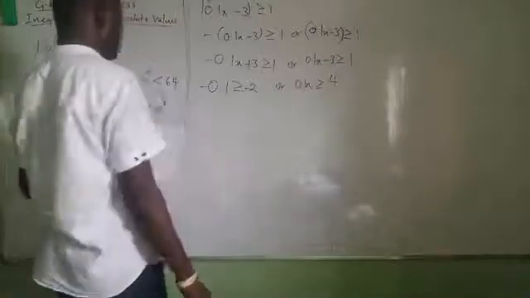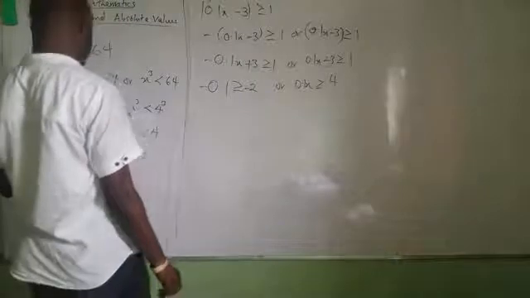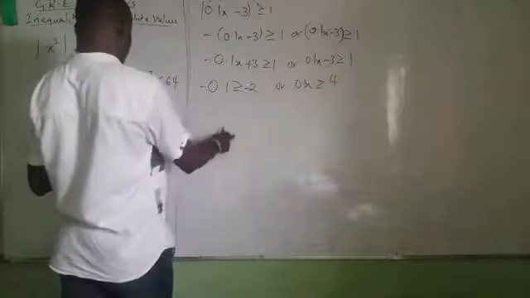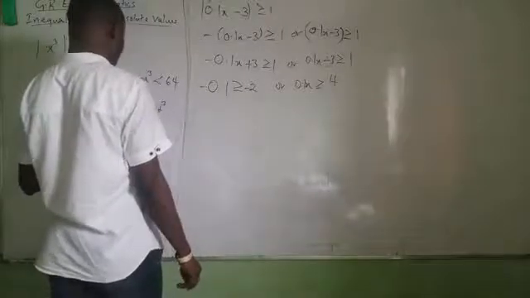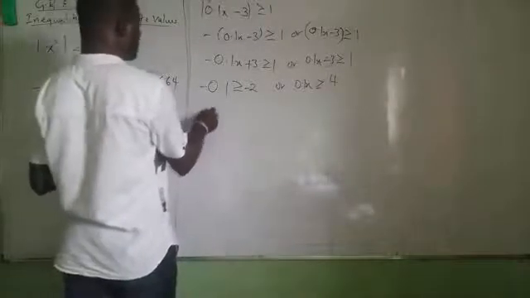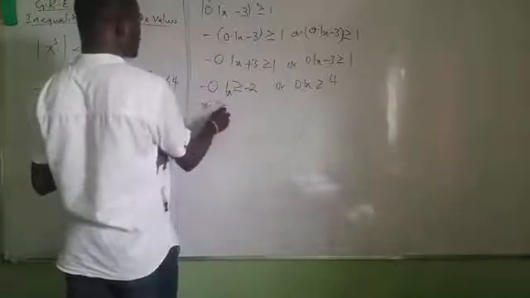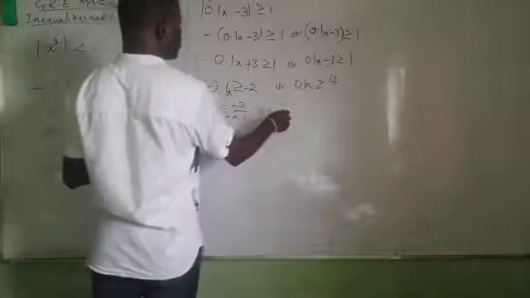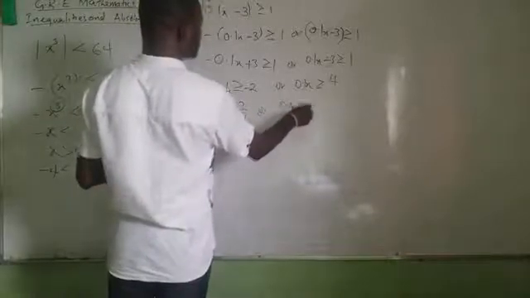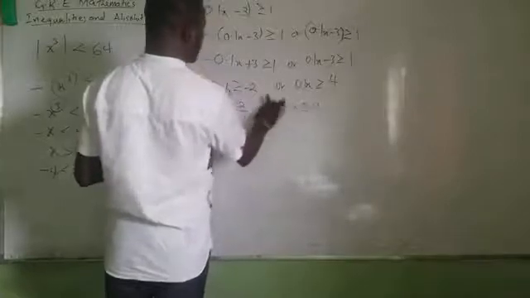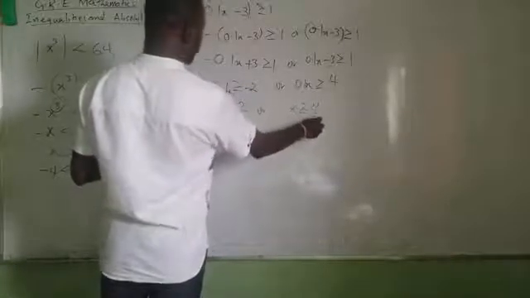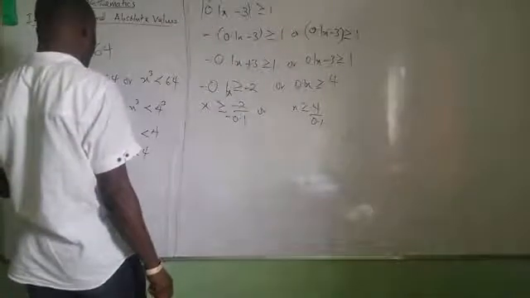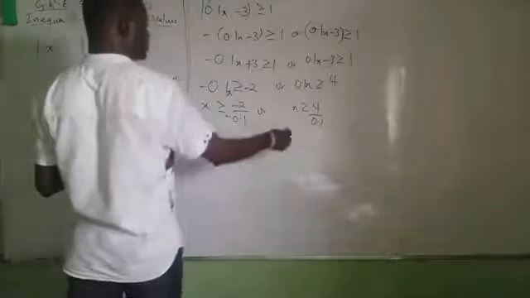Since I have this, when I divide, x will be greater than or equal to 0.2 divided by 0.1, or 0.1x greater than or equal to 4, which divided by 0.1 gives 40.